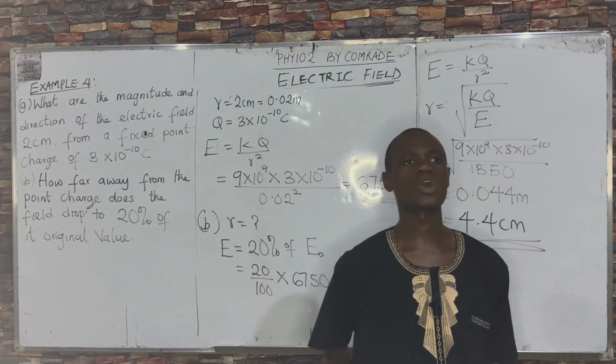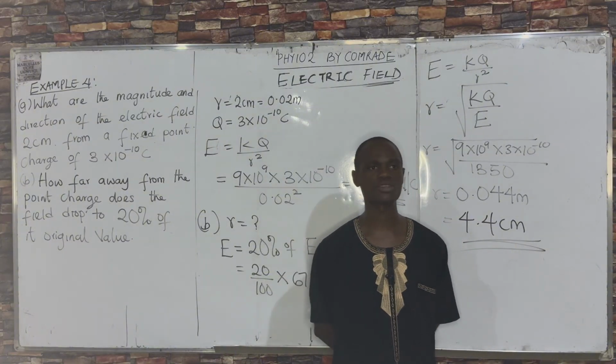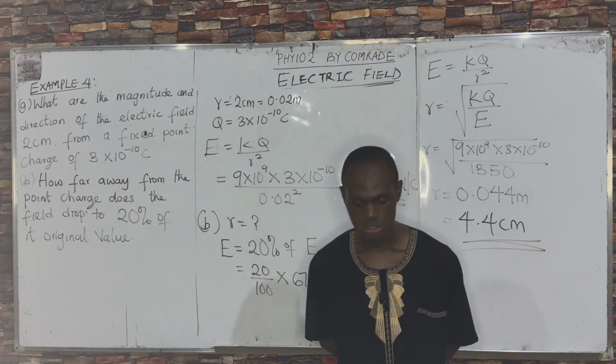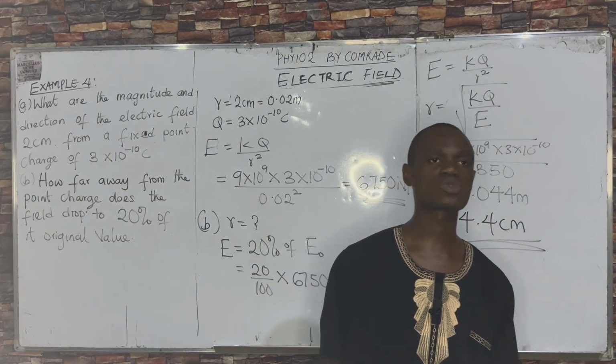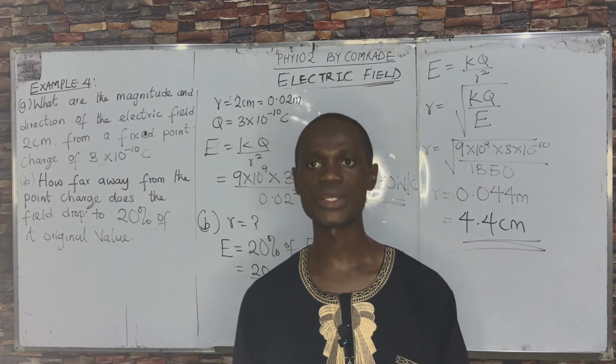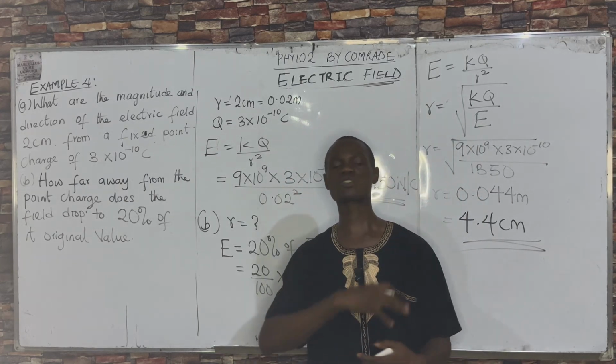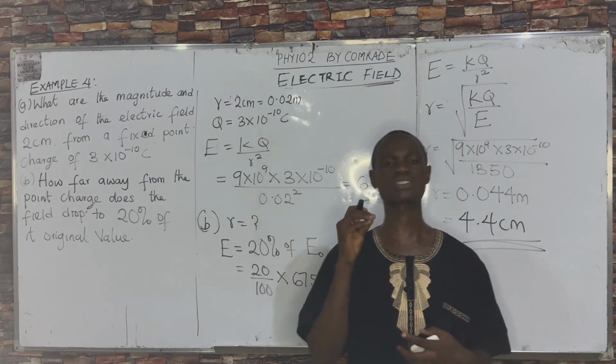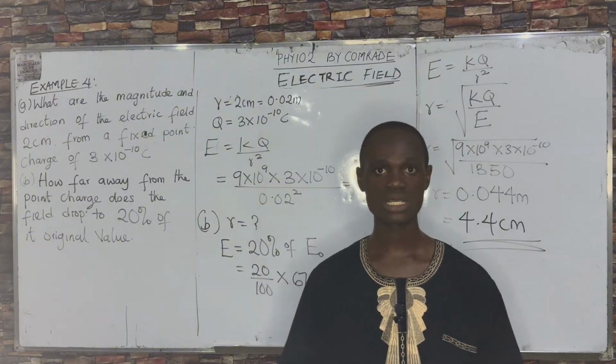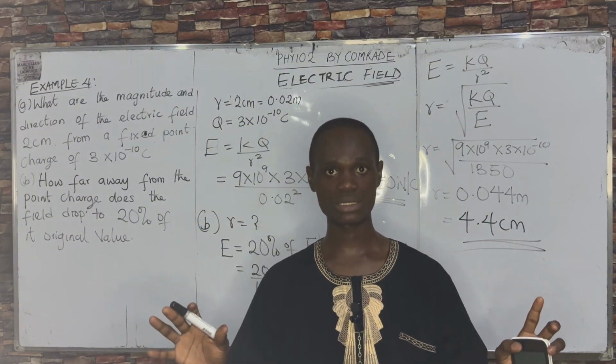So at this point, we come to the end of electric field. What we must have in mind from part 1, part 2, and part 3 is, first of all, the region of space around the charge where the electrostatic force of the charge can be felt is called the electric field.